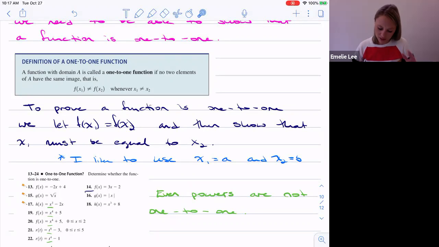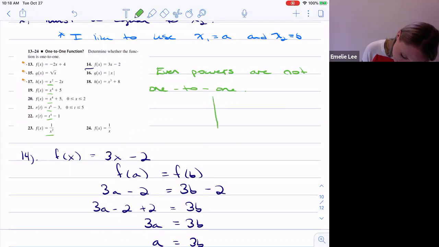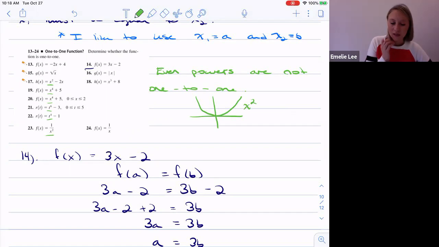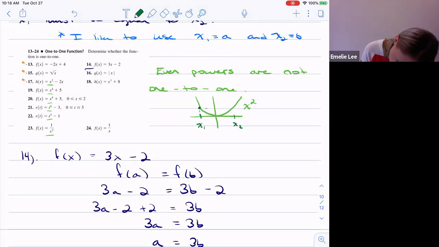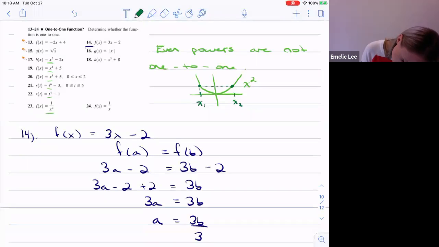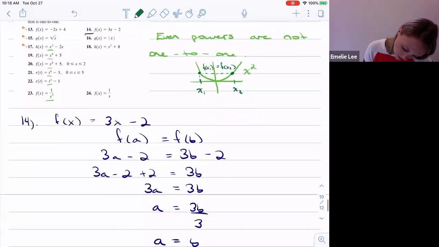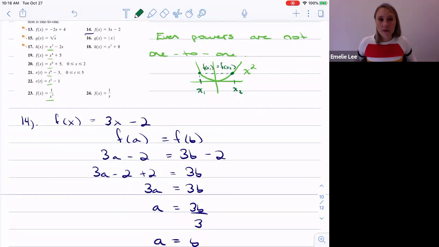So if you have something like x squared, for example, then I've got x1 and x2 here. f of x1 is the same as f of x2, but x1 is not equal to x2, so it's not one-to-one. So it's not one-to-one if you've got these even powers.